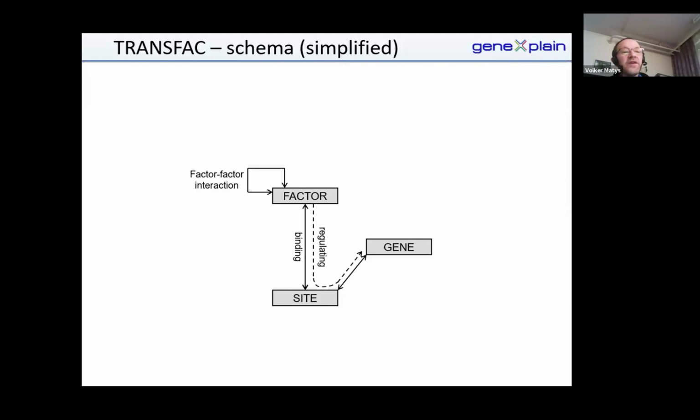For that, you need to go to a pathway database, for example our TransPath database, which includes all the derived factor-gene interactions from TRANSFAC, as well as additional factor and all kinds of protein interactions.